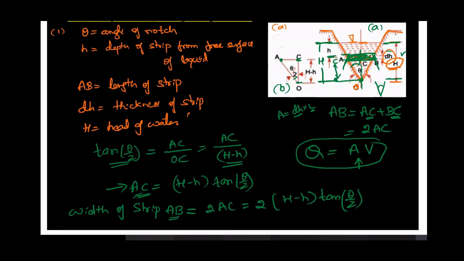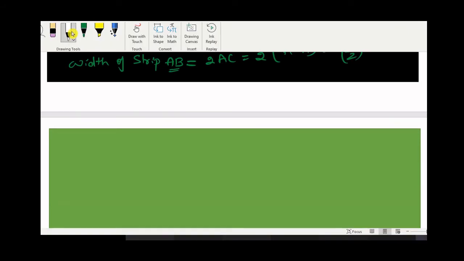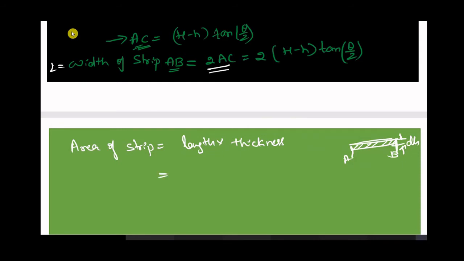Now I will write the formula for the area of the strip. So area of strip is equal to length into thickness, or you can write height. This is the strip you have considered in the V notch. The thickness of the strip is dh and length is AB, or we can use the word width also, L. So this is the total length of that strip.